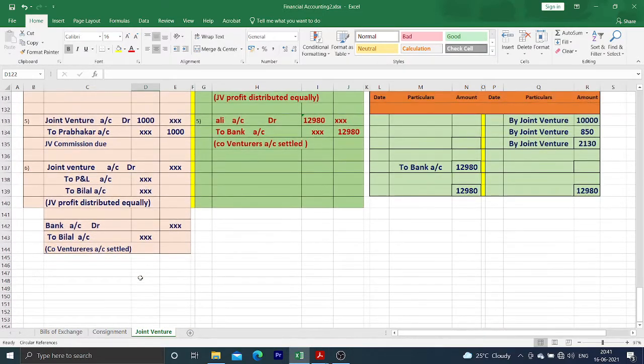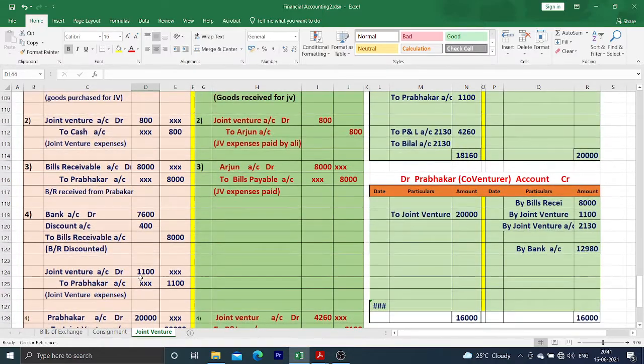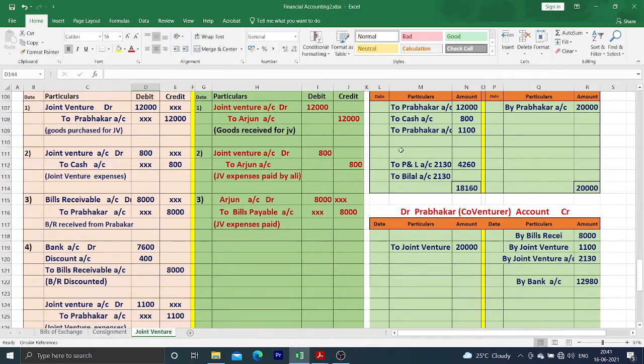Next entry, joint venture account debit to Prabhakar account 1,000. Okay, so 20,000, here also 20,000.